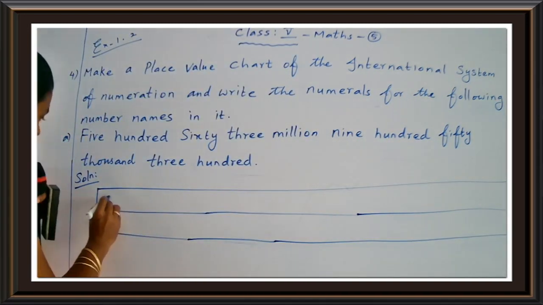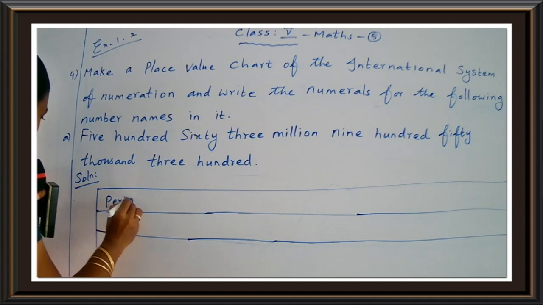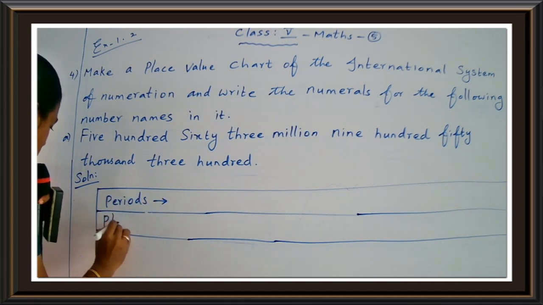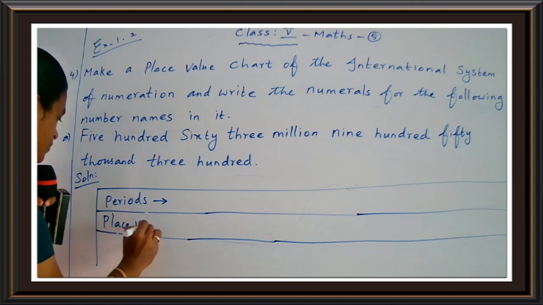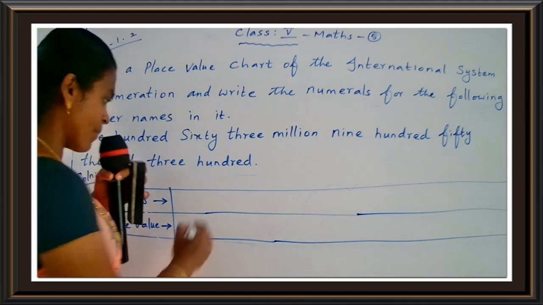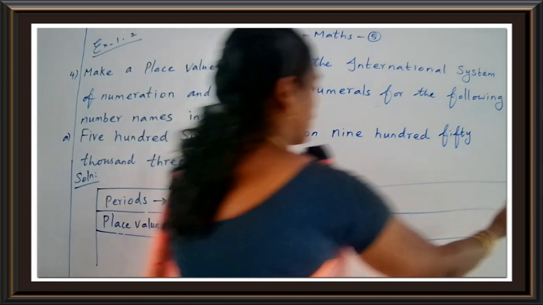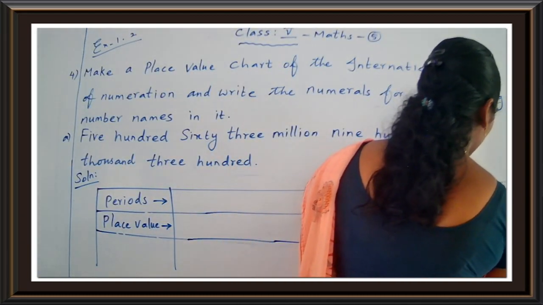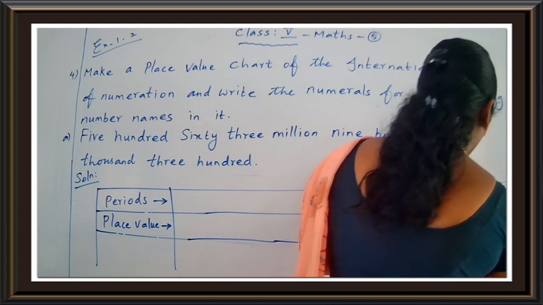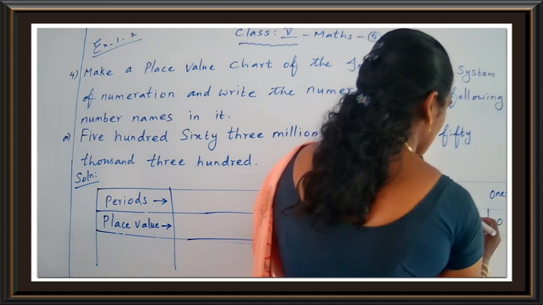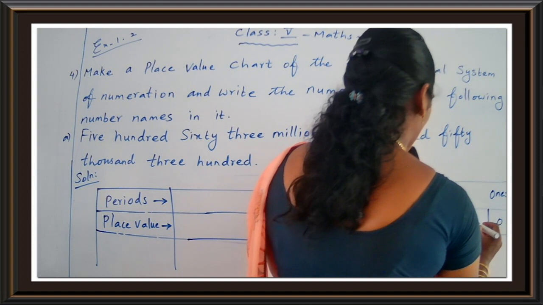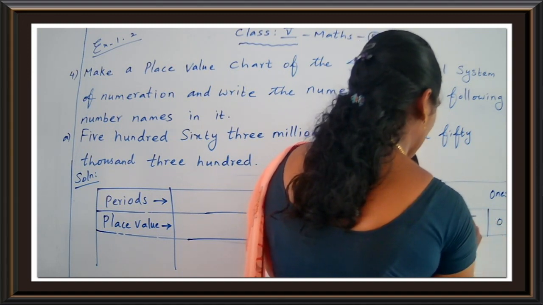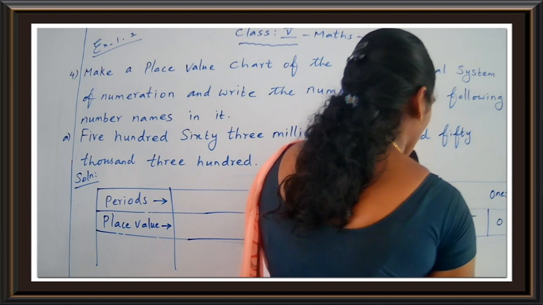First column is periods, okay? Next one is place value. Now you come to the right side, as ones period. Ones period consists of three places, that is ones, tens and hundreds. I have written the short form: ones, tens, hundred.